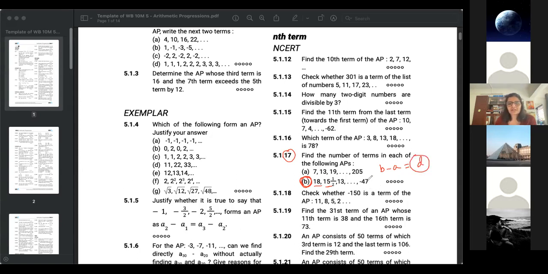ठीक है. You know A, you know D, but how will you find the number of terms? Like, कौन सा formula use करोगे या फिर are there two formulas that you're going to use? Like, how will you do this question?